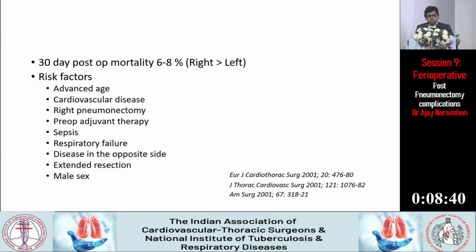Advanced age, cardiovascular disease, right pneumonectomy per se is an increased risk factor for mortality after pneumonectomy, and when the patient has received preoperative neoadjuvant therapy, not adjuvant, preoperative neoadjuvant therapy, sepsis, respiratory failure, when you have some disease in the opposite side, or sometimes intraoperative soiling, and then extended resections and male gender, they are all high risk factors for post-pneumonectomy mortality and other complications.